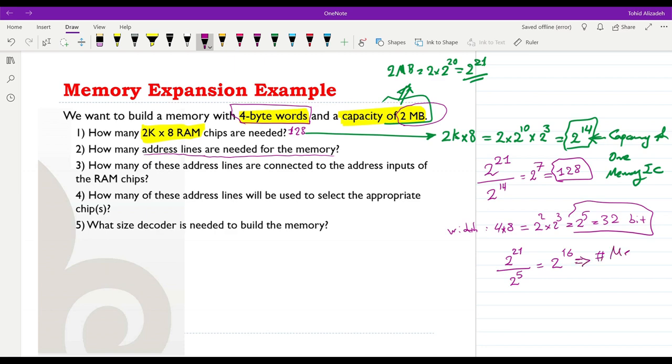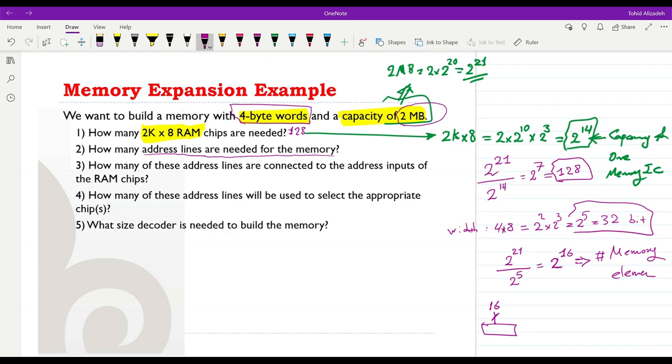Number of memory elements. In order to address 2 to the power of 16 elements, we can use 16 lines for the address. With 16 lines of the address, if we feed it to our memory chip, we will see how to do that.